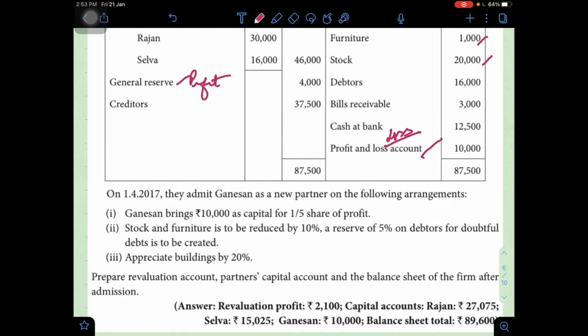A reserve of 5% on debtors for doubtful debts is to be created. So that means out of the 16,000 we have to create a 5% reserve. This also is another loss item. Whenever there is a decrease or fall in the asset, it is nothing but called loss.